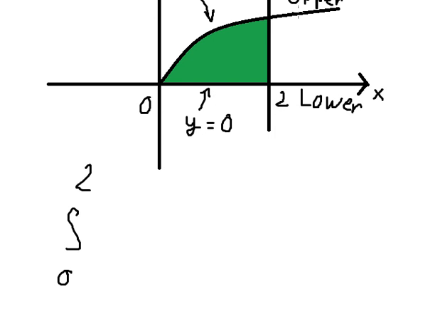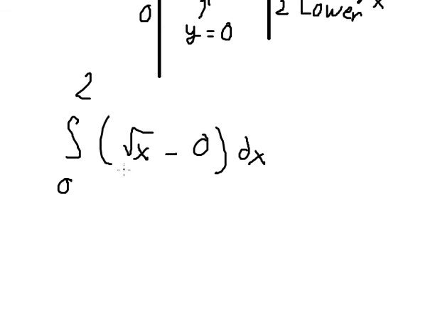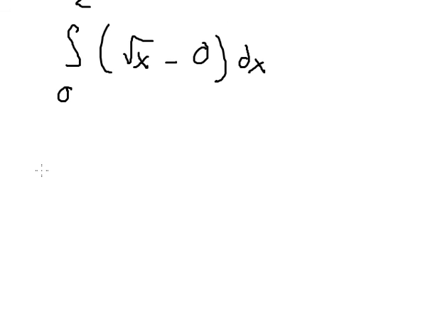So upper will go first, minus lower. So we have the square root of x minus 0 dx. And now we need to find this one. The square root of x is x to the power of 1 over 2 dx.